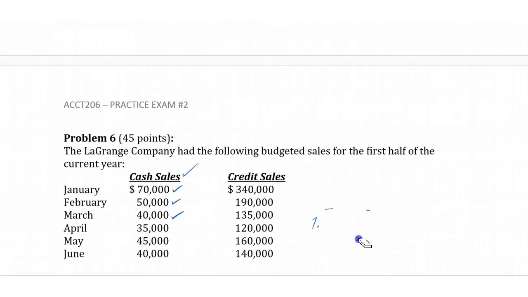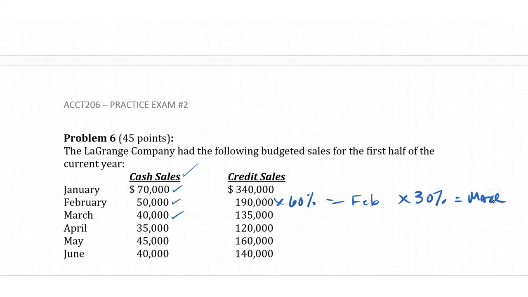So let's get rid of that scribble again. So for February, 60% of that is collected in February, and 30% of that is collected in March. Just pretend that says March. And then 10% is collected in April, but we're not doing April's budget.